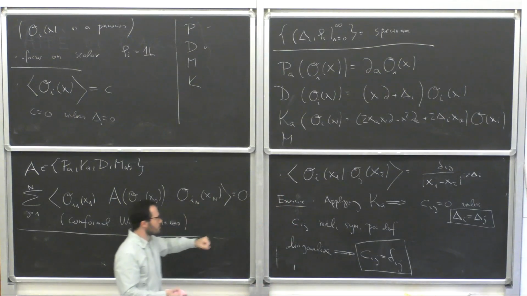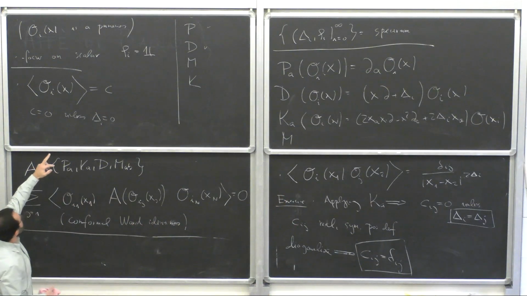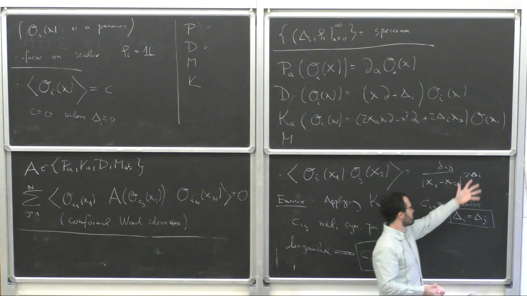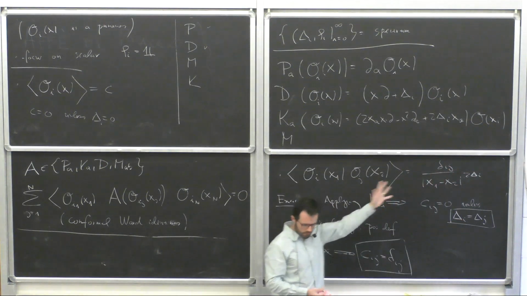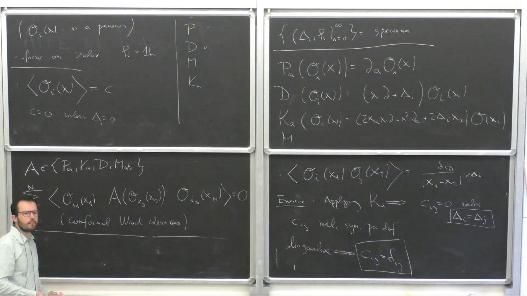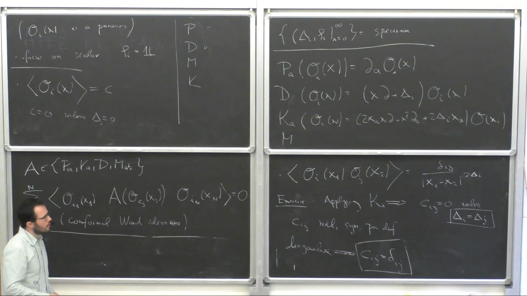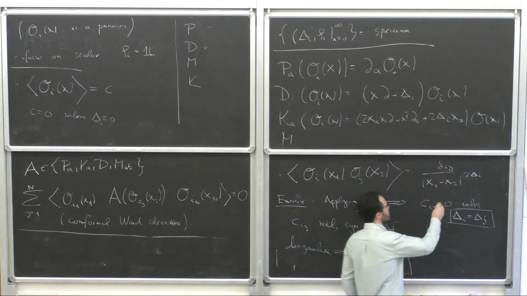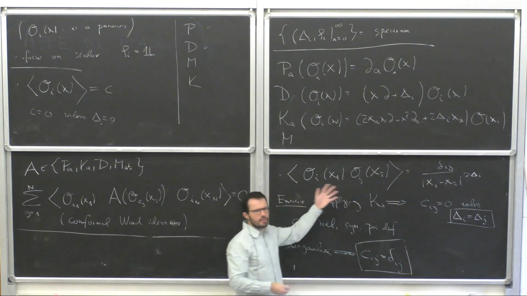And the same thing is also true for spinning operators. When rho is non-trivial, the 2-point function looks a little bit more complicated, but it's still uniquely fixed. Well, you can always rescale the operators, so we are free to set it to 1.